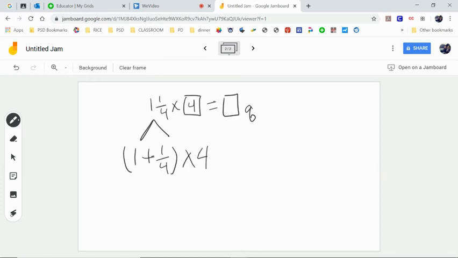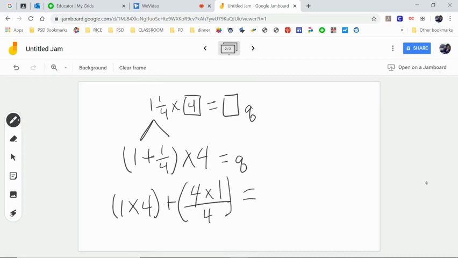multiplied by 4. Now I'm going to multiply this 4 by the 1, and I'm going to multiply this 4 by the 1/4. So what that would look like, gives me Q for quarts: 1 multiplied by 4 plus 4 multiplied by 1 over 4 gives me quarts.